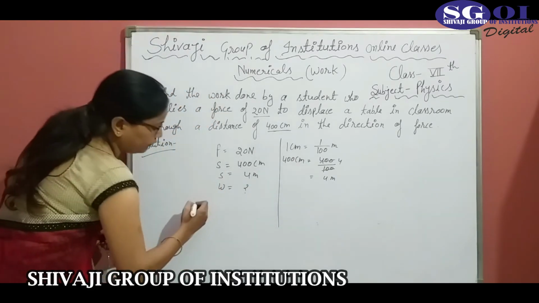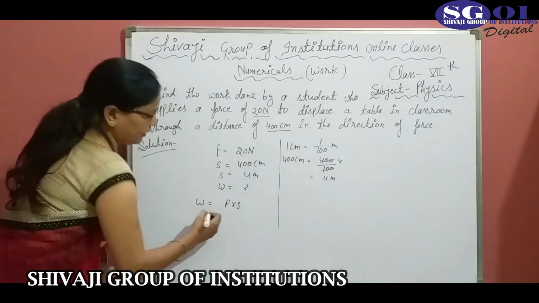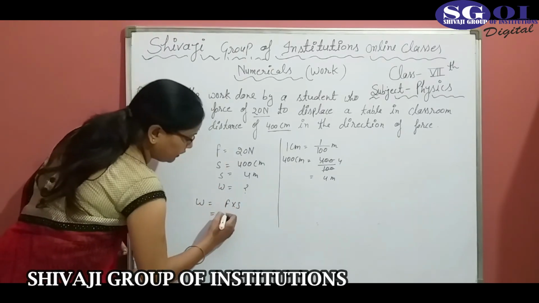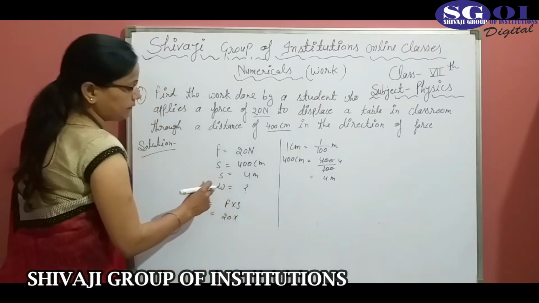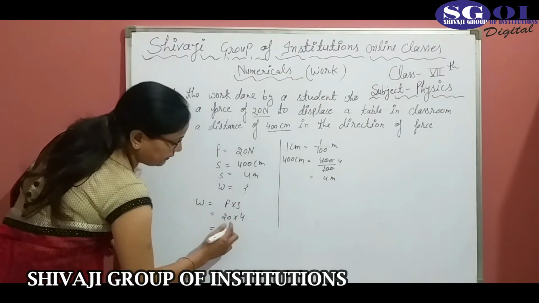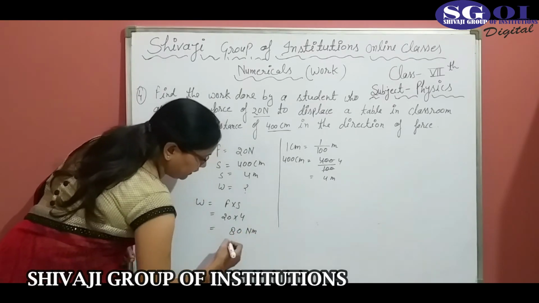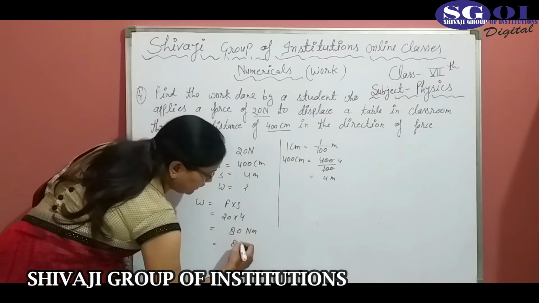The formula of work done equal to force into displacement. Here force is 20 and displacement is 4. After multiplying we get 80 Newton into meter or 80 joule.